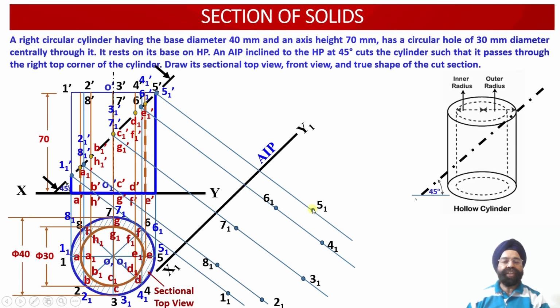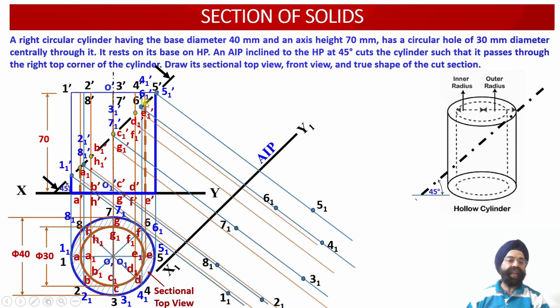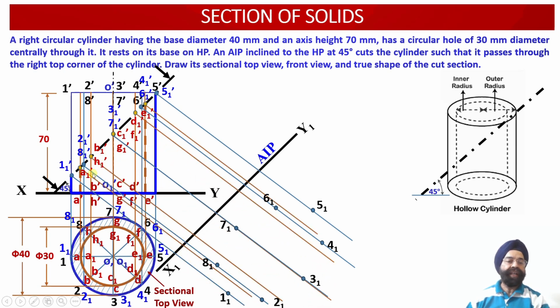So this way, all the 8 points corresponding to the outer circular portion have been evaluated and appropriately marked into the auxiliary plan view projections. Now next we have got 8 points corresponding to the inner circular cylinder. Corresponding to these 8 points, we have now drawn the orange projector lines.